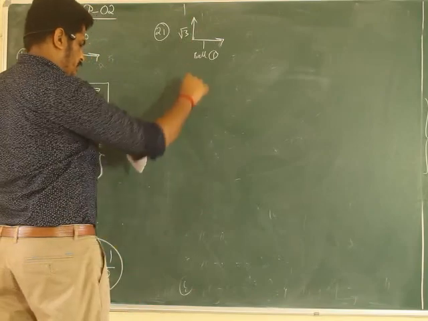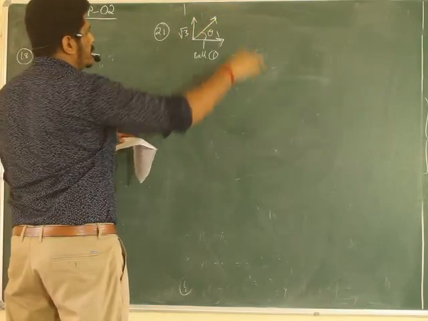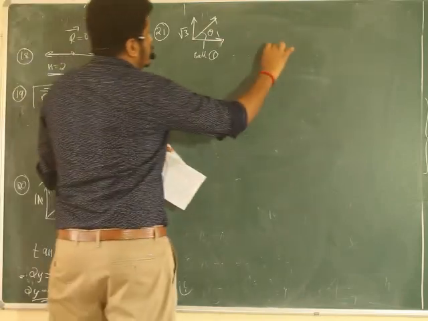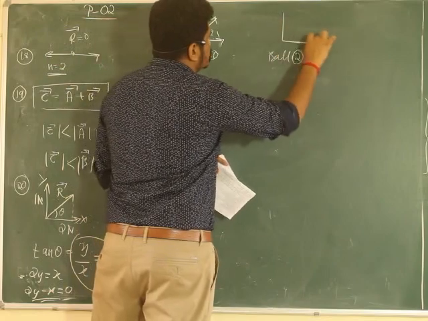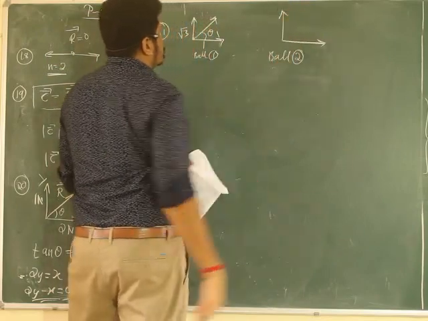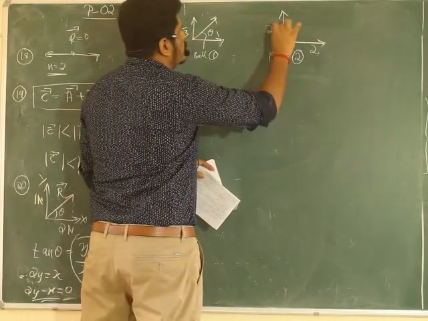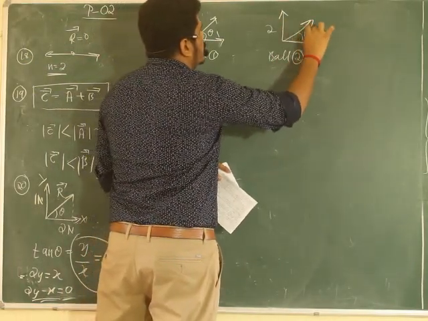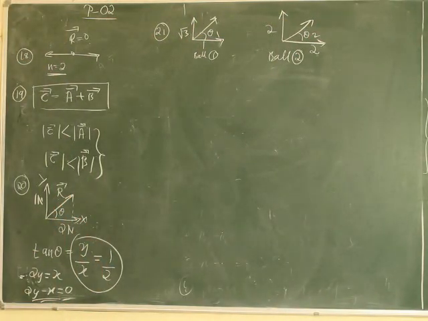Of course the resultant, we don't know with what angle, I will write theta 1. Next I will take ball 2. The components are 2 meter per second and 2 meter per second. Resultant, angle theta 2. Like this I have taken.